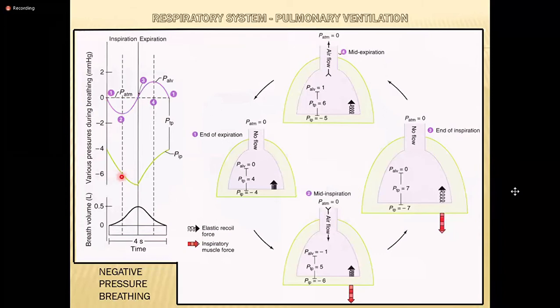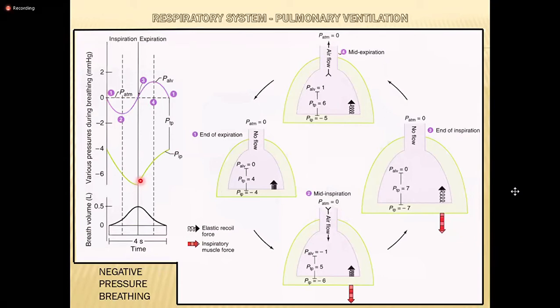So your transpulmonary pressure here is 5, because -1 and -6. That is your mid-inspiration. Then later, you inhale. What happens during end of inspiration? From -4, the pressure is -7. So your transpulmonary pressure is 7.